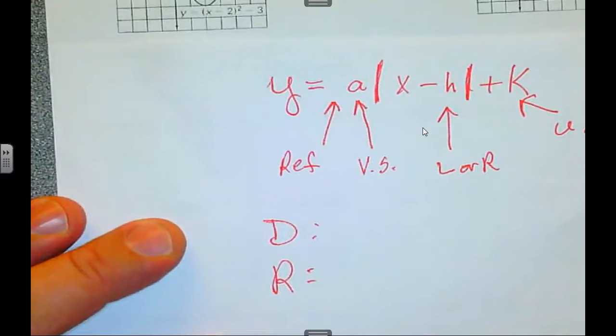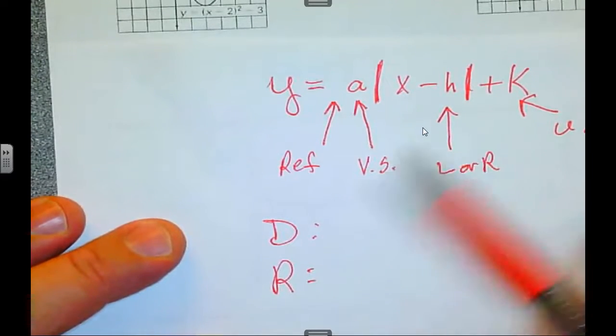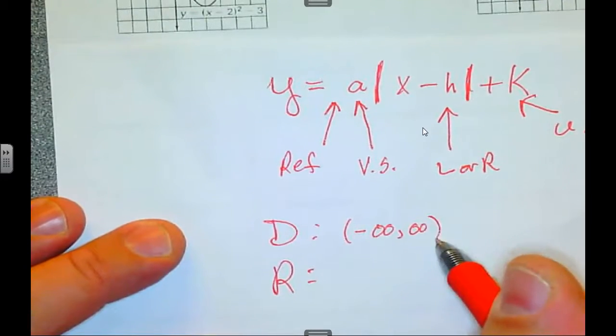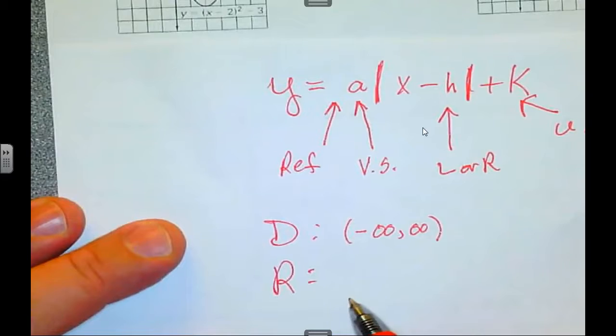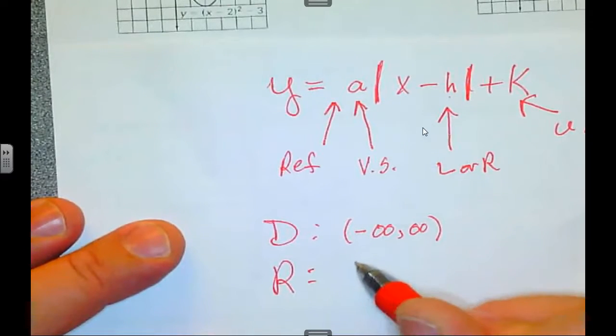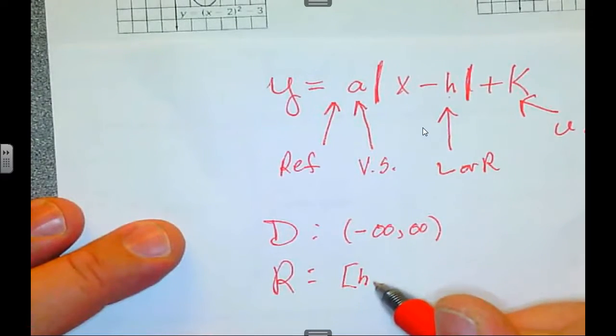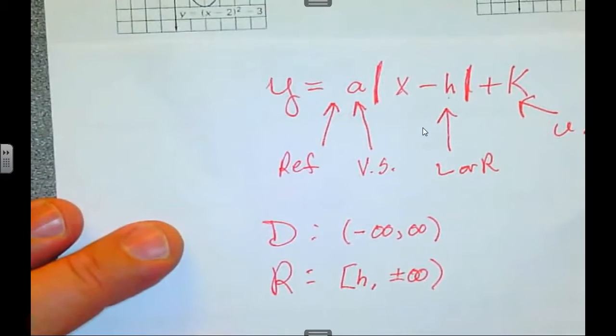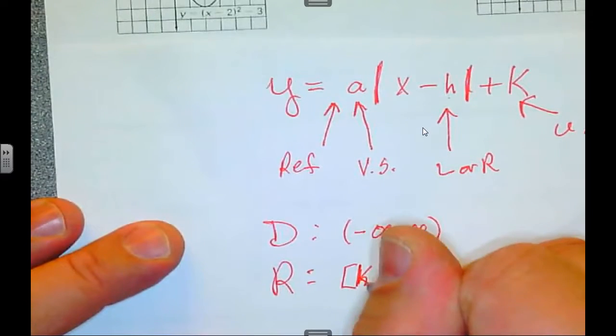With our absolute value function, our domain was always negative infinity to positive infinity. Our range was our k, because k is our y value.